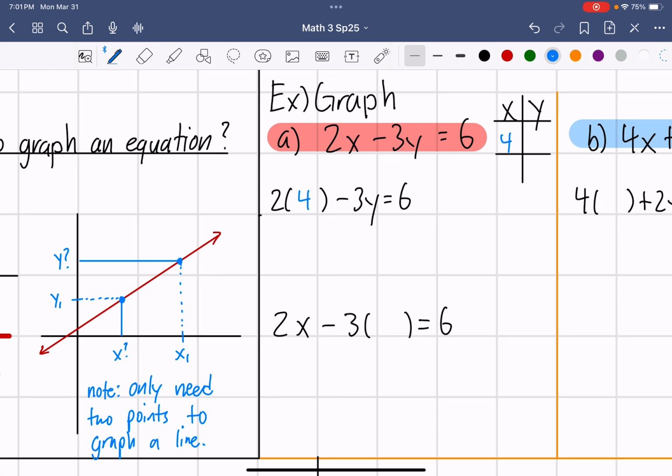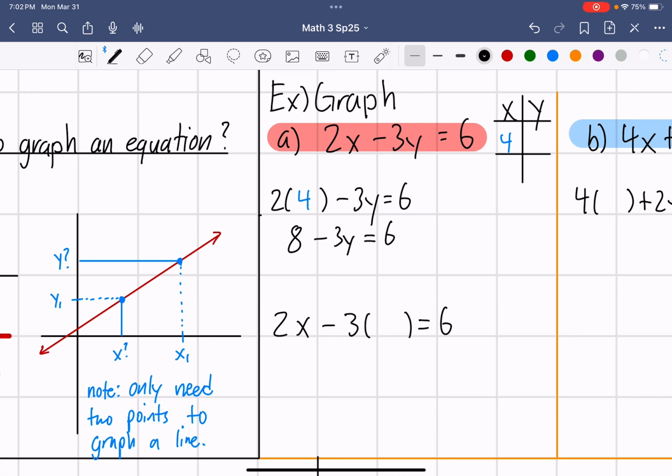That means I'm going to plug in 4 and multiply that by 2. That's going to leave me with 8. Oops, sorry. It's going to give me 8 minus 3y equals 6.